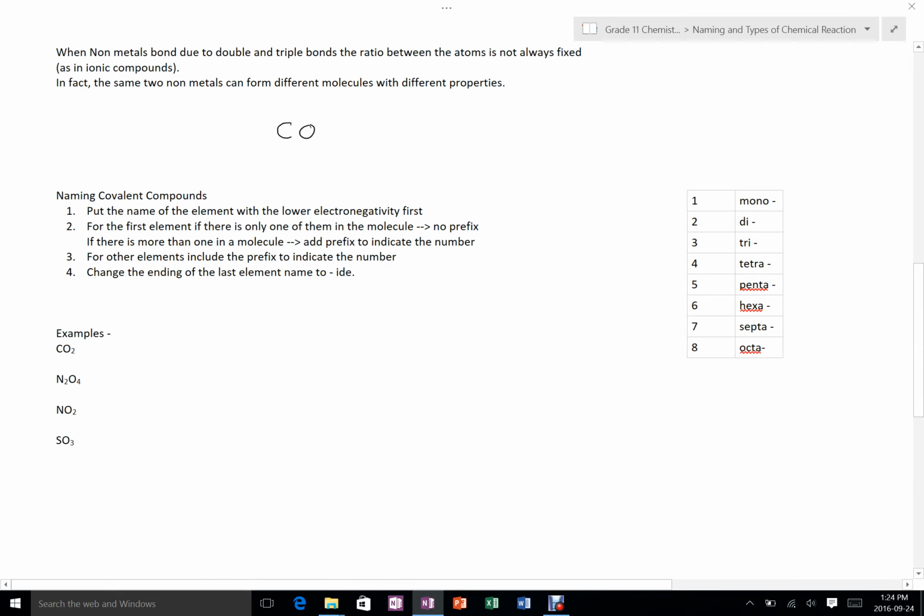So for example, carbon and oxygen can form carbon monoxide or carbon dioxide. The properties and formation of carbon monoxide and carbon dioxide are different, and so we have to have a naming system that will allow us to specify the difference between the two things.